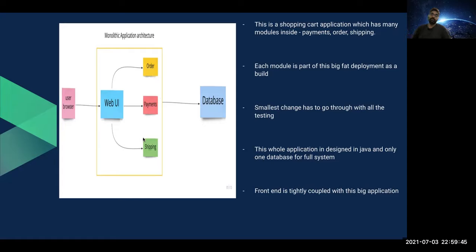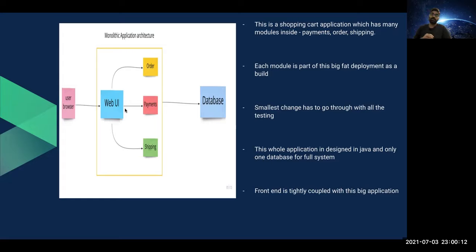Each module has its own complex logic. It is a big system. It has one web interface, a nice UI, where the user orders some items into the shopping cart, then makes a payment, and then the order gets shipped to his address. So that is the general workflow.